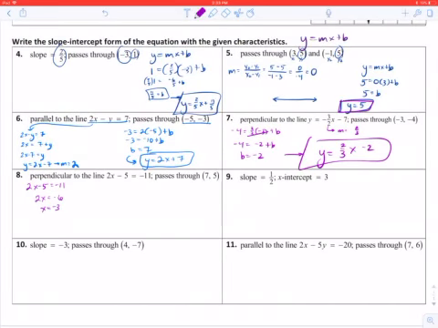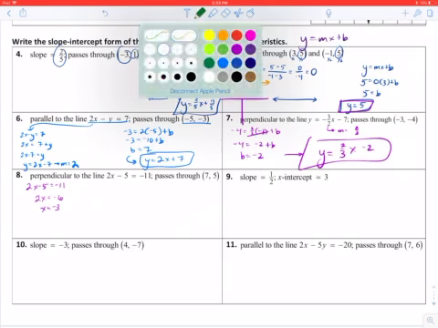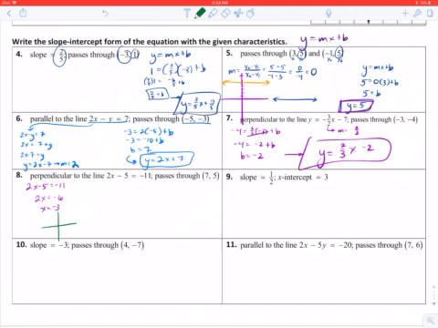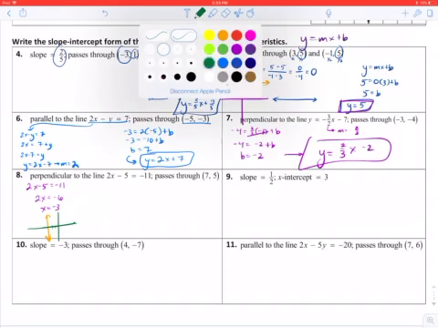So when we had this equation here, y is equal to 5, that meant if I had a graph at 5, it would be a straight horizontal line, like that. Now if we get x is equal to negative 3, that means that we have a straight vertical line at negative 3. Okay, so perpendicular would mean that it crosses at a 90-degree angle.